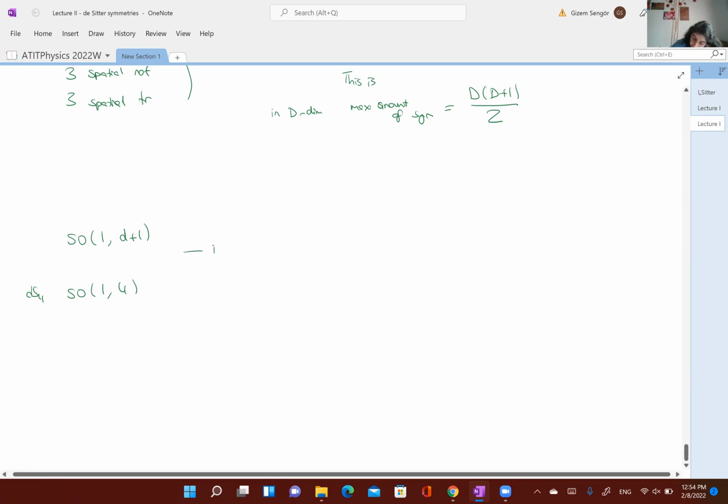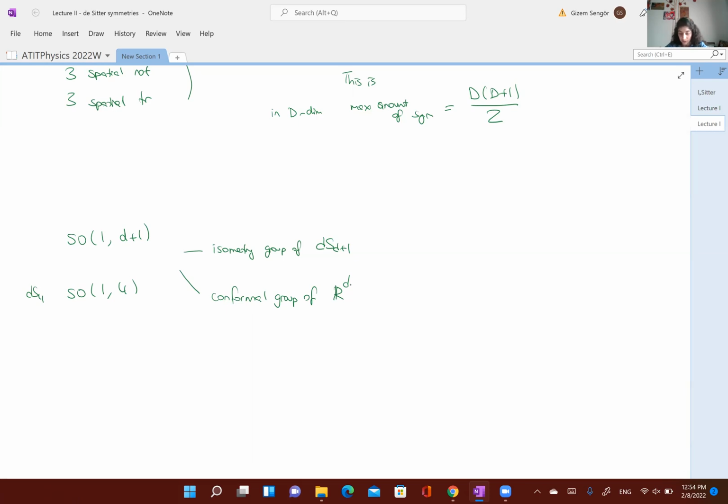So this is the isometry group of dS_{D+1}, but this also appears in another way. This also happens to be the conformal group of R^D, so Euclidean space in one less dimension than de Sitter.